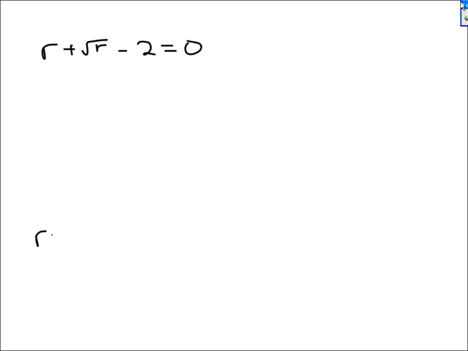Remember that r is the same as the square root of r squared. This is the square root of r squared plus the square root of r minus 2 equals 0. I mean, if the square root of r were to say x, it would look fine. X squared plus x minus 2 equals 0. You say, yep, that's the quadratic.